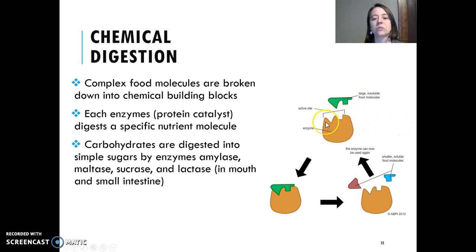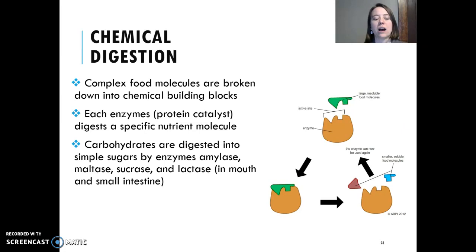So let's say that this was the enzyme amylase and this is your starch amylose. It is going to break the amylose up into smaller sugars. As you can see, if this was amylase, only amylose would fit into this lock and key mechanism, and it gets broken down into smaller pieces.